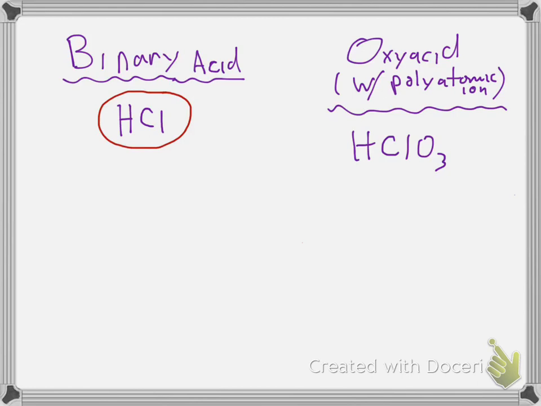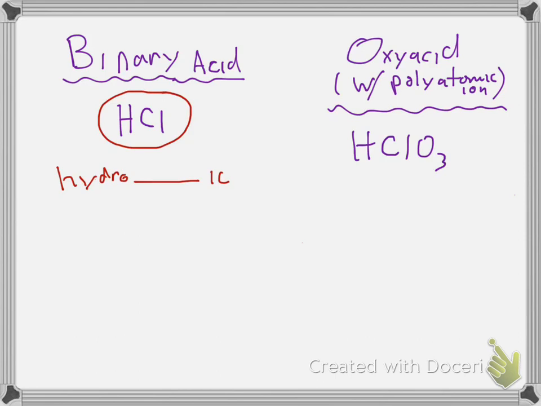When we are naming them, all we do is we name it hydro, whatever the anion is that's associated with it, which in this situation is the chloride ion, ic. And so it's hydrochloric acid.